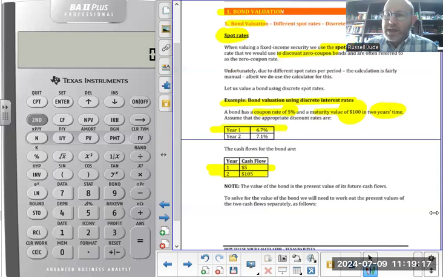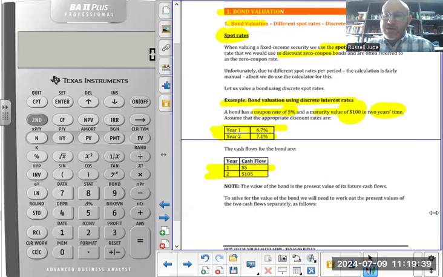What will I do for my cash flow of 105 in year two? That one I'm going to discount at the year two spot rate of 7.1. And what do you notice? The spot rates for the different years are different. Of course, they're different. The reason is that there are different risks related to this bond depending on the period to which they relate.